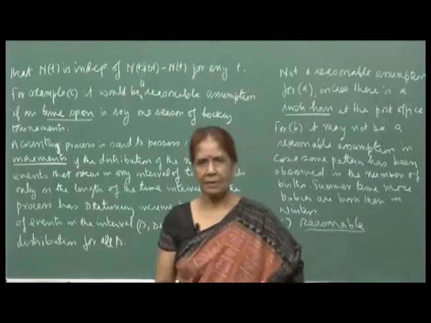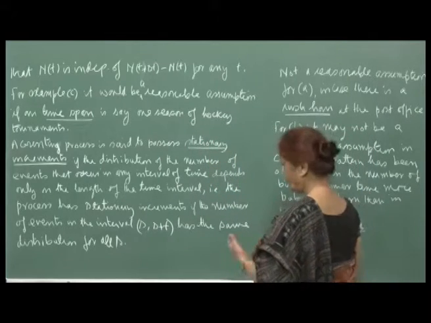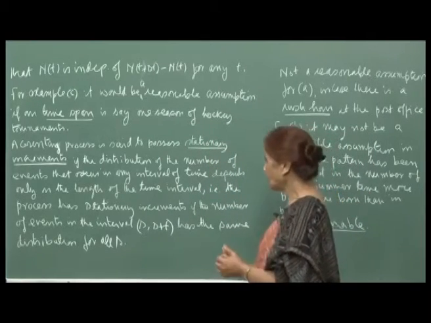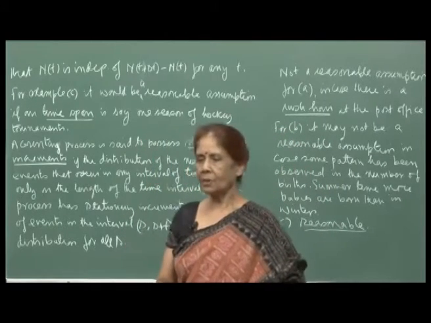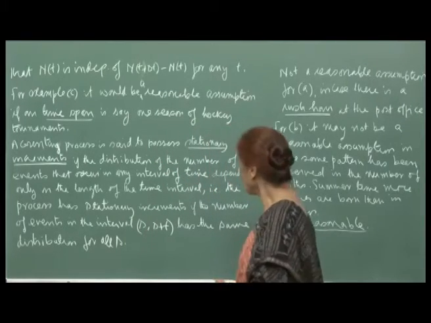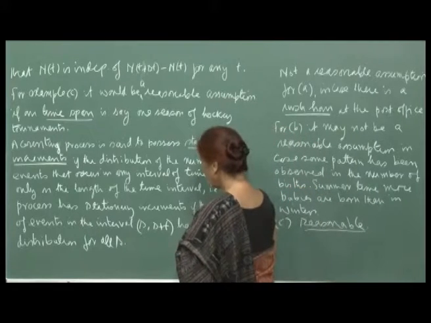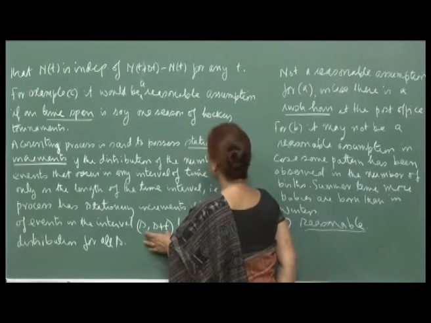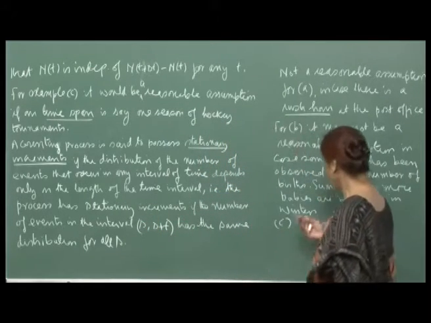If I am restricting myself to, let us say, one season or maybe 2 seasons, it is reasonable that a player will continue to be in form for 1 season or 2 seasons. So, it depends on the way you look at it. In that case the stationary increments assumption would be a reasonable one for C.